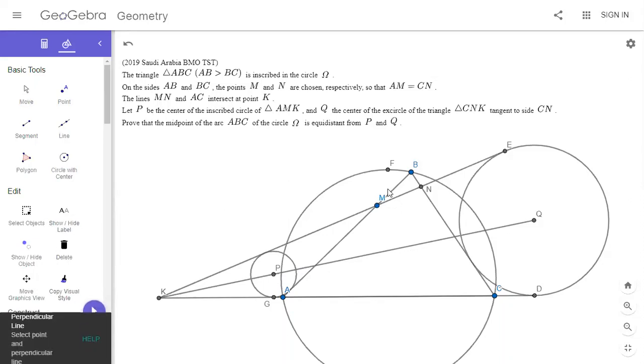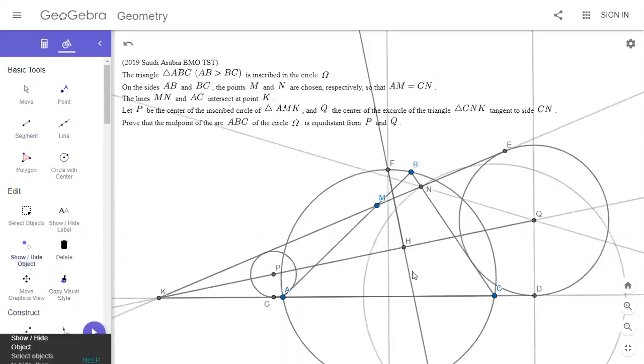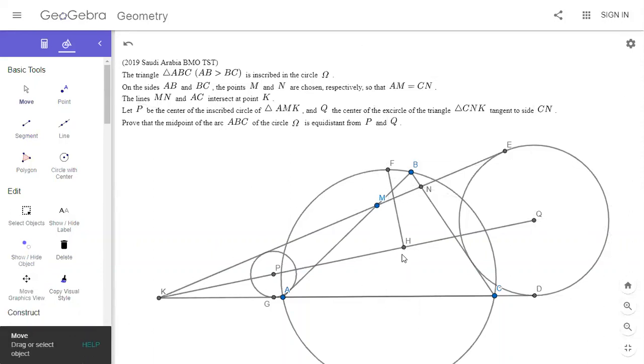let's say I drop a perpendicular from F to PQ. If I can show that 2FH times PQ is equal to this radius squared minus this radius squared, that would solve the problem.